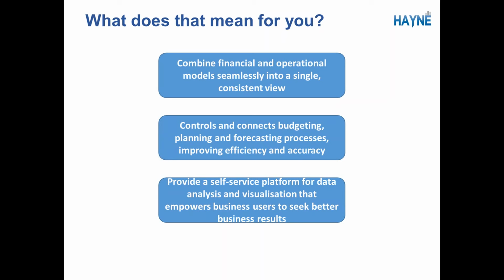And it's also providing us through that visualization, the ability to have a self-service platform for data analysis. So we're really empowering the business user and taking the pressure off the Office of Finance. So all of those things are very positive. So from a HAYNE point of view, we think this is a fantastic step forward in terms of development, and very much looking forward to working a lot with IBM Cognos Planning Analytics in the future.